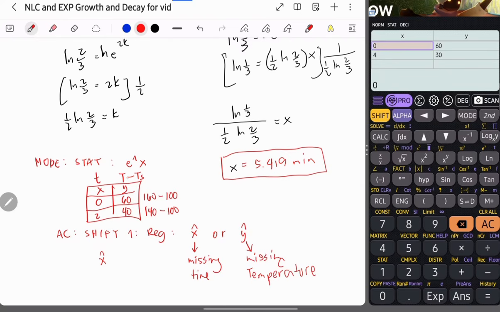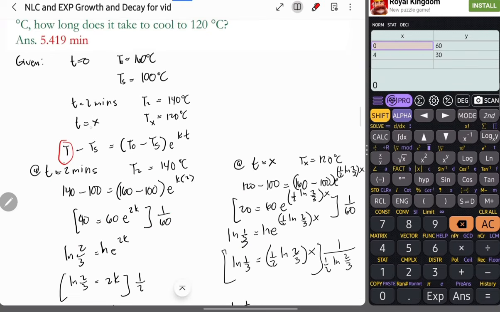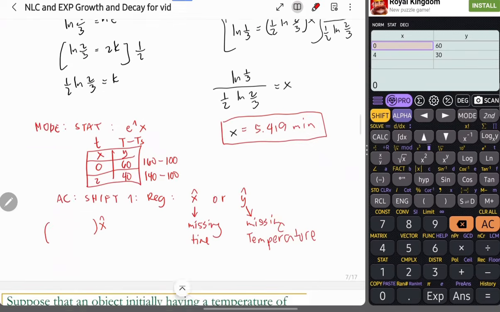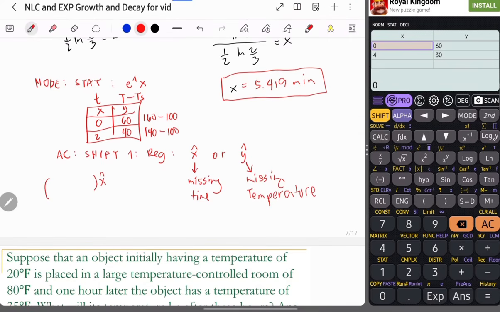Then you multiply that to T minus Ts. So the temperature of the object at missing time is 120. So 120 minus Ts, Ts is 100.